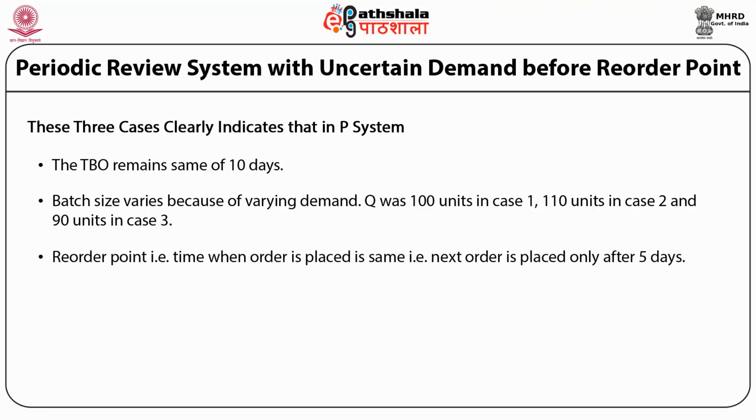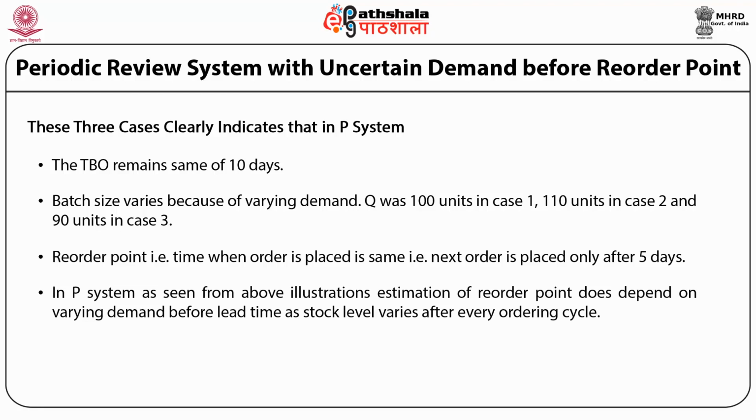The reorder point, that is the time when the order is placed, is the same; that is, the next order is placed only after 5 days. In the P system, as seen from the above illustrations, estimation of the reorder point does depend on varying demand before lead time, as the stock level varies after every ordering cycle.